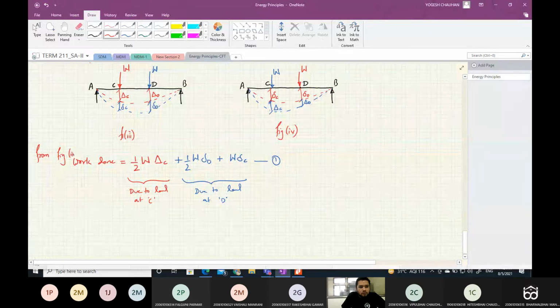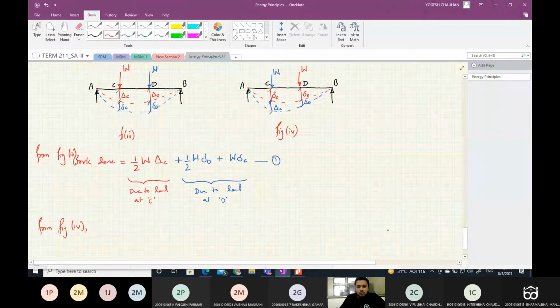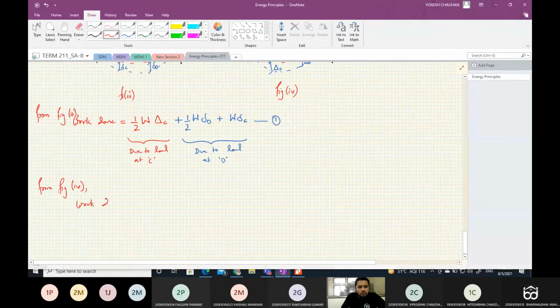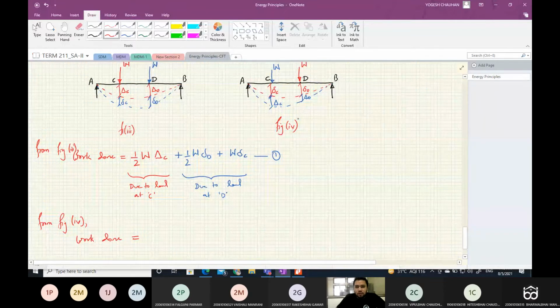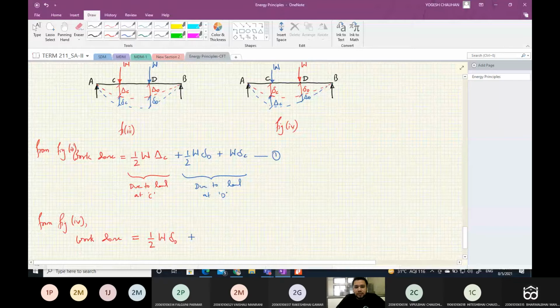Now from figure 4, the work done will be equal to, here the load is applied at D, so corresponding to D the deflection produced is small delta D, so it will be 1 by 2 W small delta D. This is due to the application of load at D. Now plus, when the load is applied at C, the deflection produced will be 1 by 2 W delta C, and this will produce delta C deflection at C, plus W times delta D, this deflection.